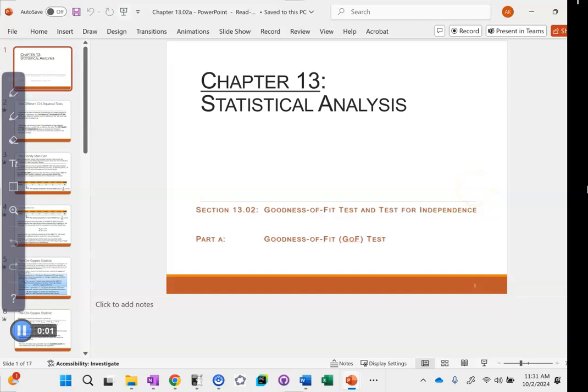So let's walk through how to do this goodness of fit test with an example. So let's say that we take M&Ms. The company that makes the M&Ms has a known distribution of color for their M&Ms.